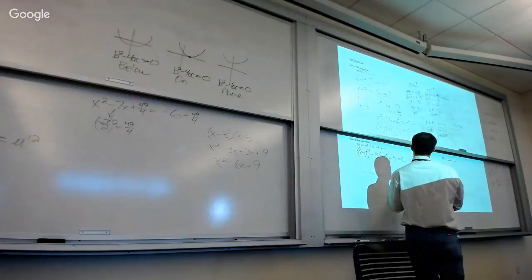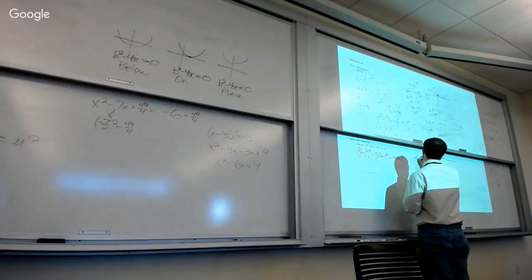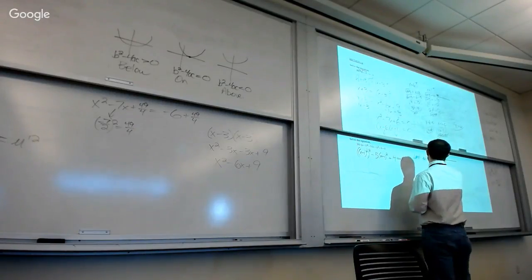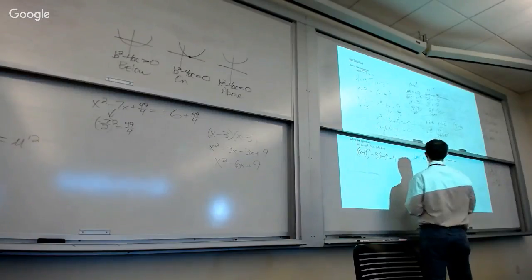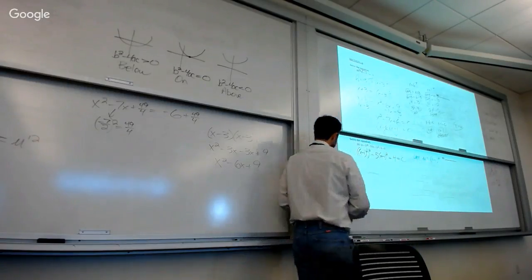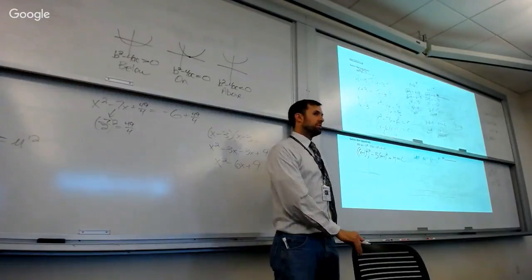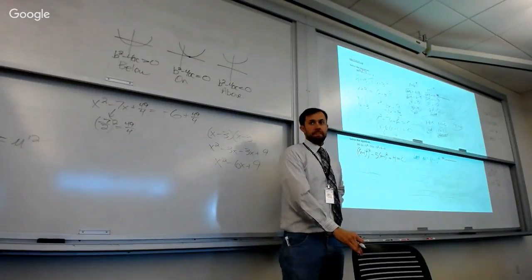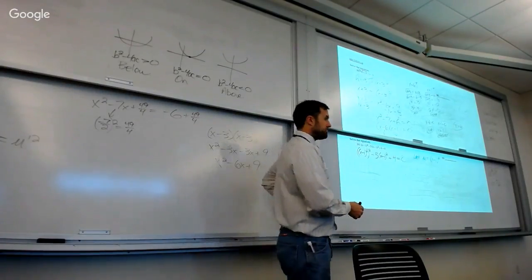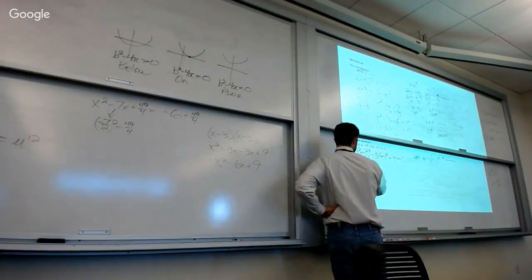Here's what we're going to do. We're going to let U equal x minus 1 squared. And everywhere you see an x minus 1 squared, we're just going to write U. And this is an act of substitution. So what is my new equation?